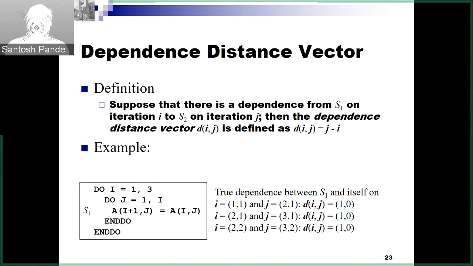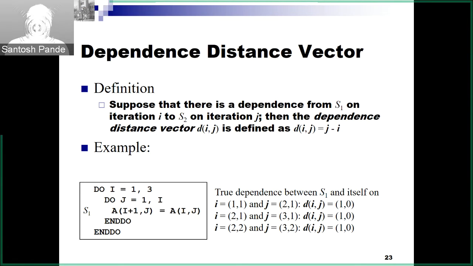And obviously there is a use of this information in terms of finding out how far apart the generation of A is from the consumption of that same value, whether it is in the innermost loop or in the outermost loop, things like that.